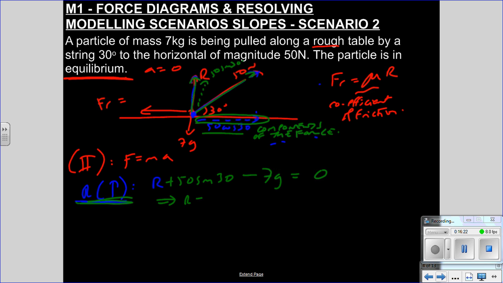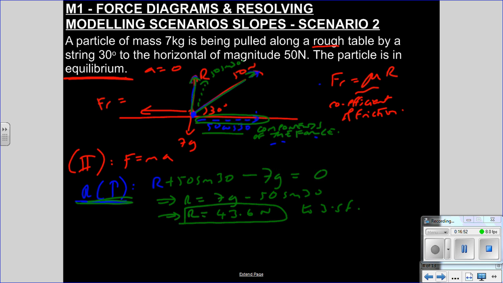So therefore R equals 7g subtract 50 sine 30, so we got 7 times 9.8 minus 50 times sine 30, which is 43.6 newtons, right? So that's our R. And because we've used g, that's still to 3SF, remember?